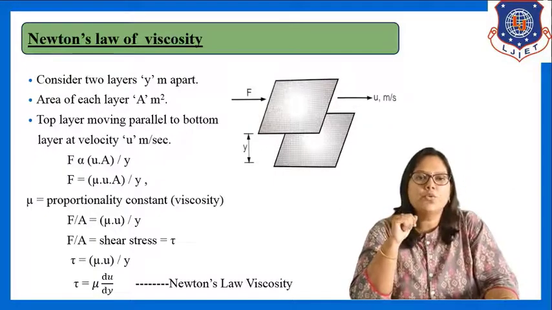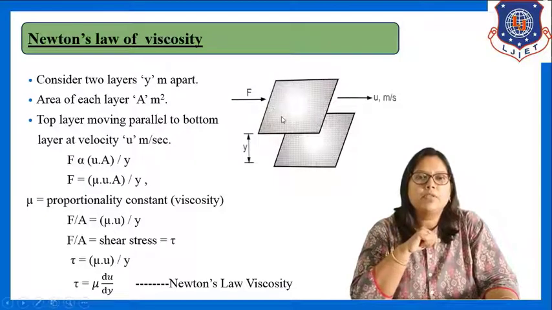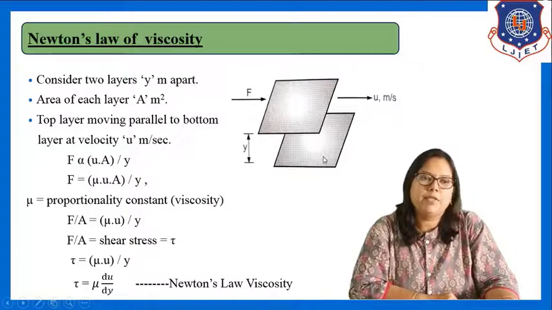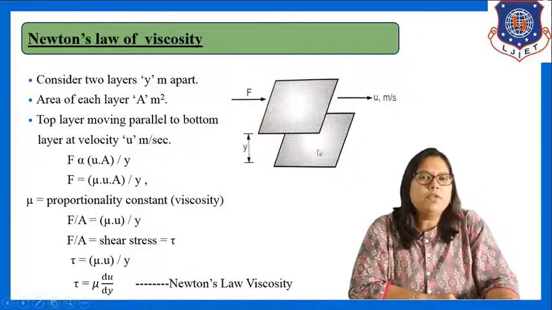The figure shows these two layers of the fluid, and these two layers are y meter apart. That means the distance between the two layers is y meter. Each layer has an area of A meter square.